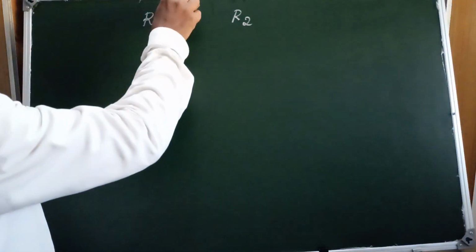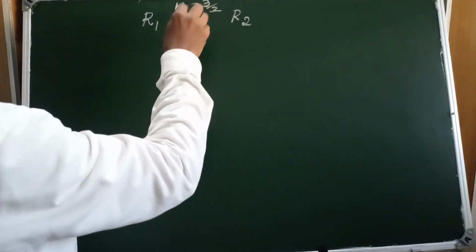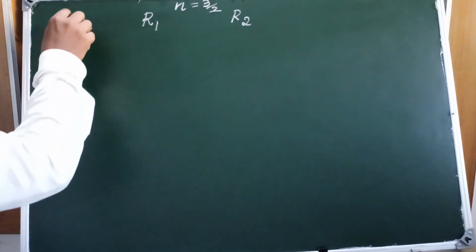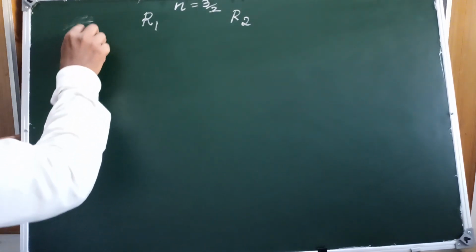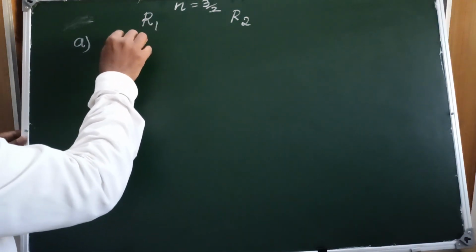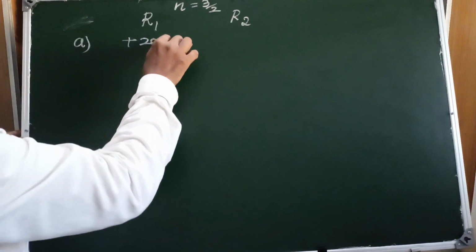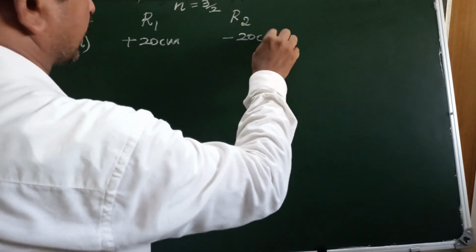And the refractive index they have already given, n is equal to 3 by 2. Now the first type is A: R1 is equal to plus 20 centimeter, R2 is equal to minus 20 centimeter.